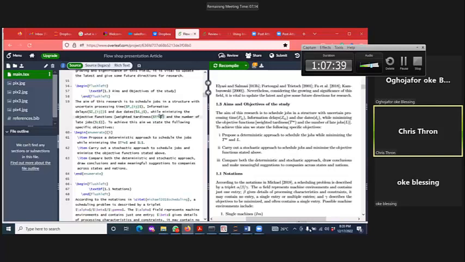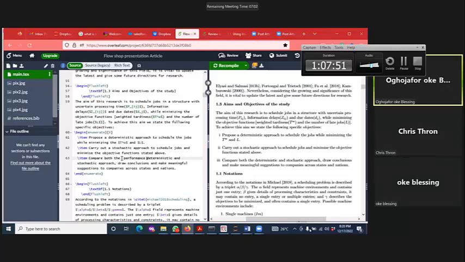And for number 3, you can say compare the performance of deterministic and stochastic approaches. Compare the performance. Yeah. Okay, I'll correct that later.